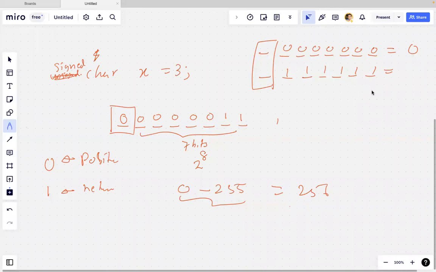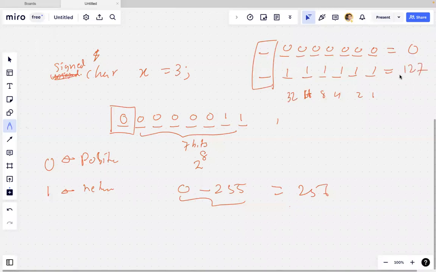Okay, if you don't know, you can convert. This is 1, 2, 4, 8, 16, 32, 64. If you convert this one, it is 1 to 7.